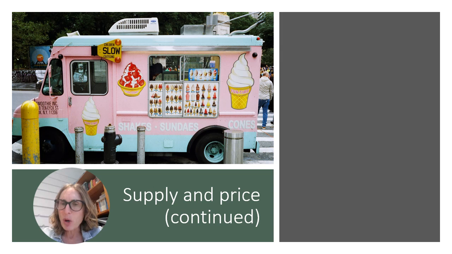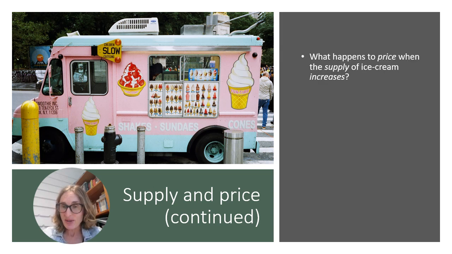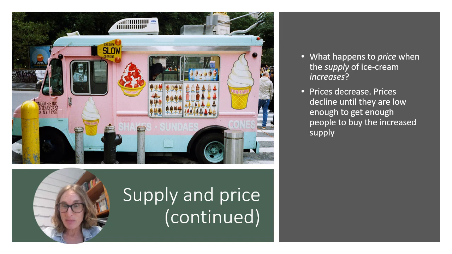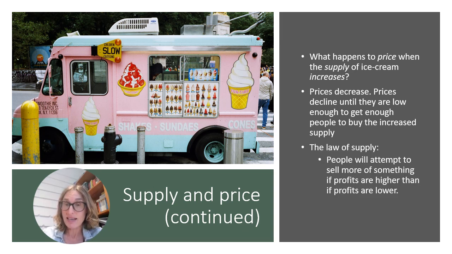Now, what happens to price in this context? What happens to price when the supply of ice cream increases? Well, when there's more ice cream, the price is going to decrease. Prices will decline, they'll get lower until they're low enough to get enough people to buy the increased supply. So the law of supply says that people will attempt to sell more of something if profits are high.